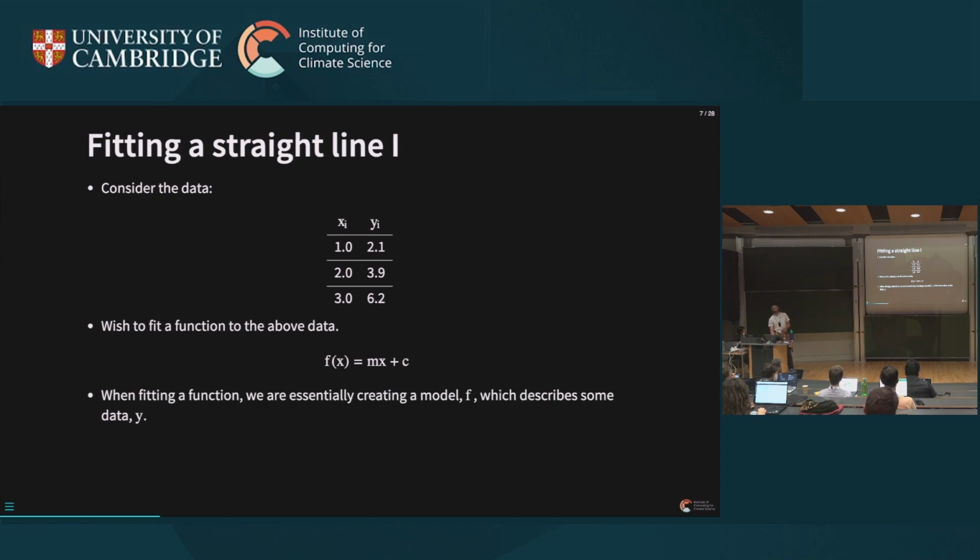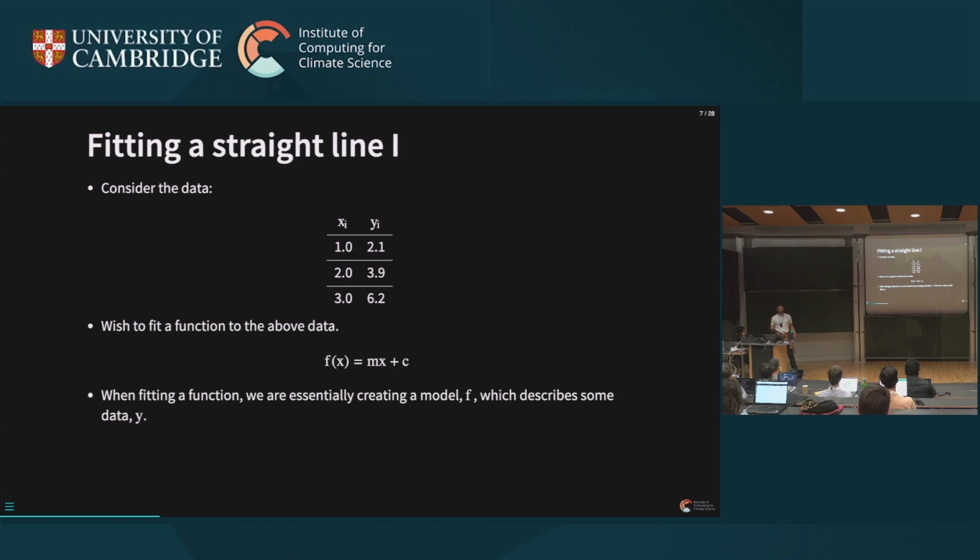This is a process of fitting a function to some data. We have some x points, we have some y points. We want to fit a function that maps x inputs to y values. It's very simple. We know what the functional form of this is. It's y equals mx plus c, and the parameters that we want to fit are the gradient and the intercept.